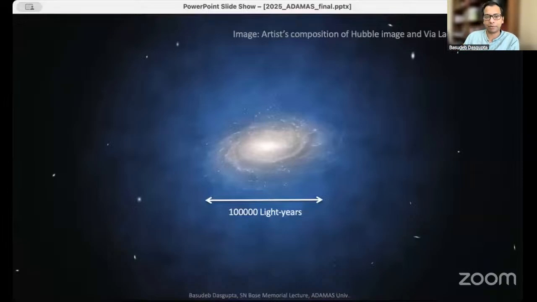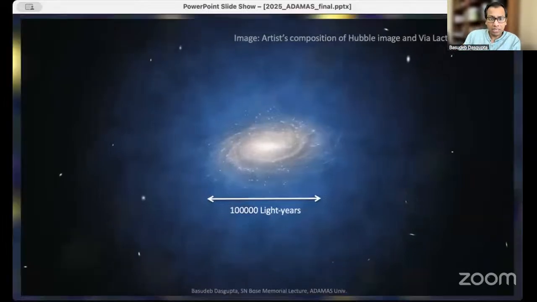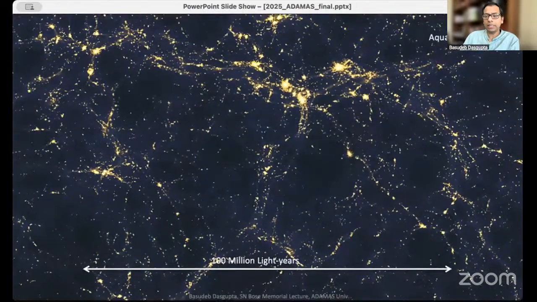Now, it turns out that not only is each galaxy surrounded by this halo of dark matter, but if you zoom out and you look at the universe on much larger scales, so here is a snapshot from a simulation of the universe on large scales.